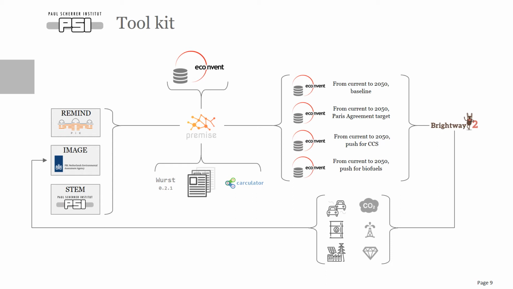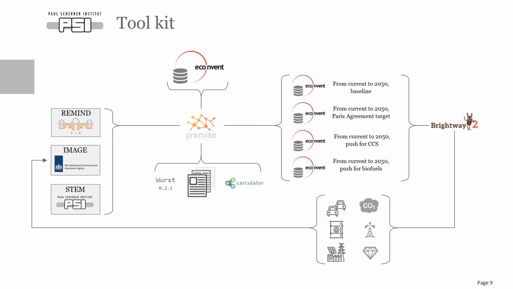We have developed a tool called Premise, and Premise's role is basically to take in the output projections of such models on one hand, and also take in on the other hand EcoInvent, which is our life cycle inventory database. And thanks to a number of tools, we try to do the merging between the two of those.